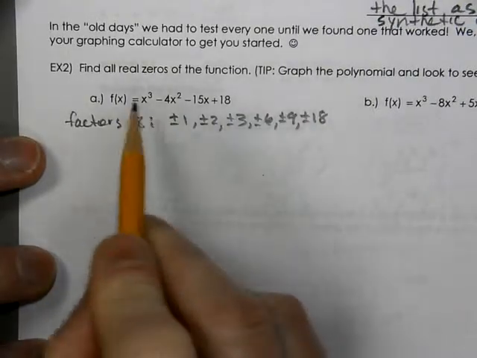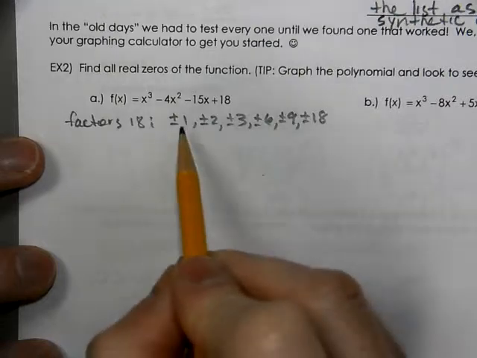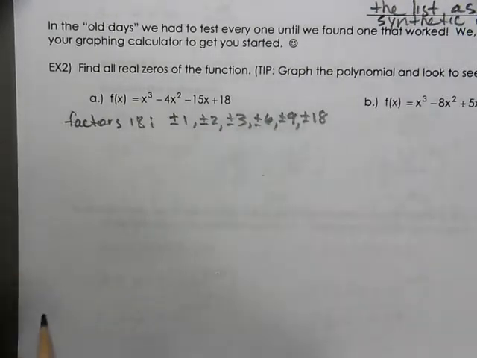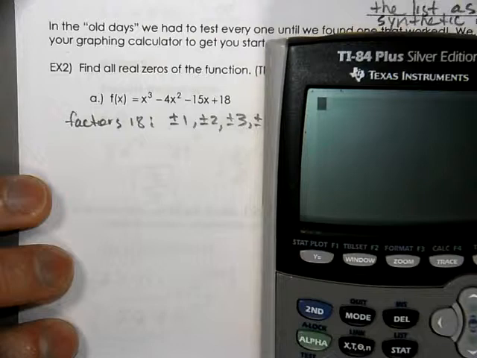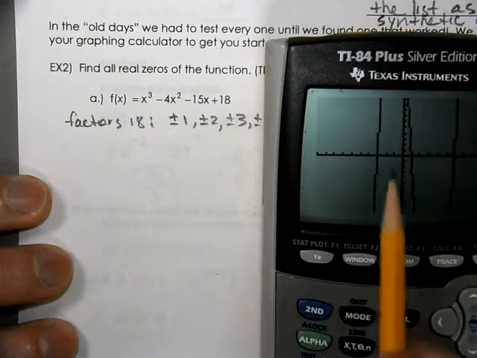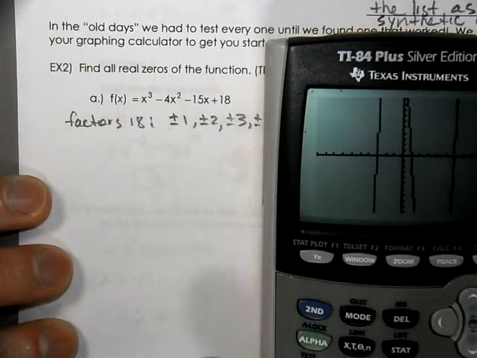The factors of the leading coefficient is 1, so that would put 1 underneath each one of those. Not necessarily useful in this case. Our graphing calculator narrowed it down to looking at -3, 1, and 6.